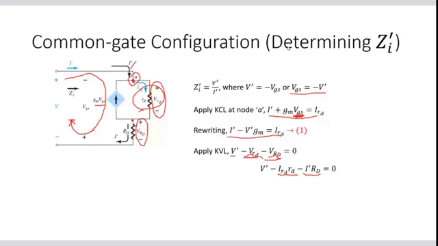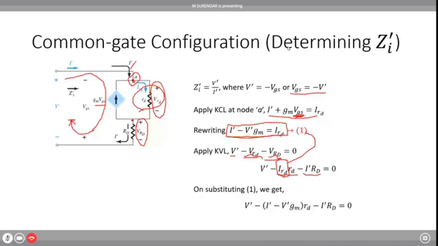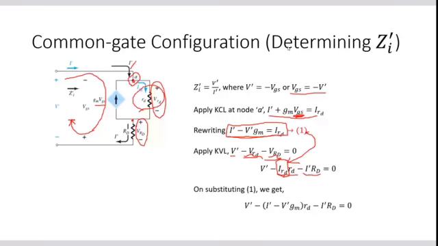So we are going to now substitute equation 1. From equation 1 we have the value for I suffix rd, which is equal to I prime minus V prime into gm. On substituting that equation in the place of I suffix rd, we get the equation like this.